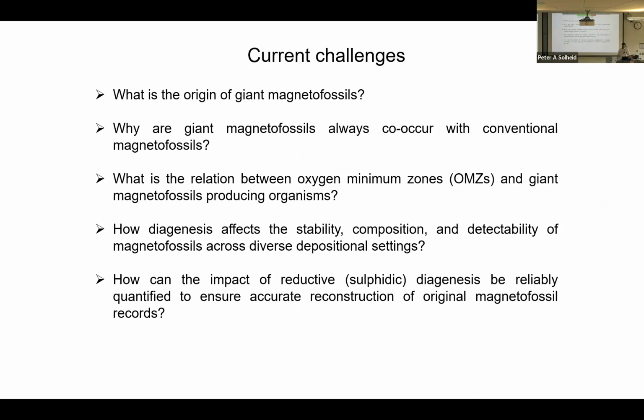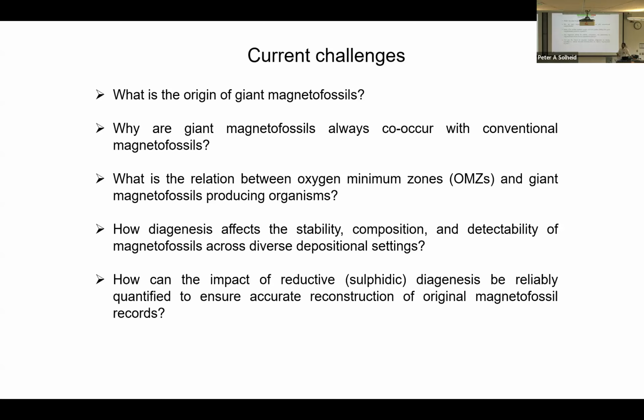Another thing, which is the second part of this presentation, is what is the relation between oxygen minimum zones and giant magnetofossil organisms, and also the conventional magnetofossils. Another challenge is how diagenesis, mostly reductive diagenesis, affects the stability, composition, and detectability of magnetofossils across diverse depositional settings, because the degree of diagenesis will be different in different environments.